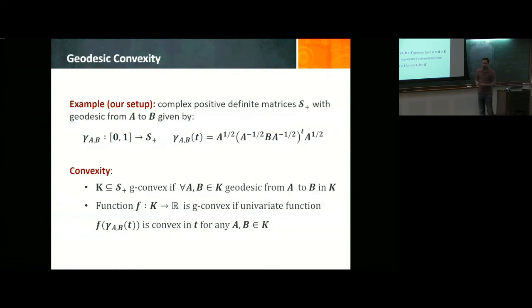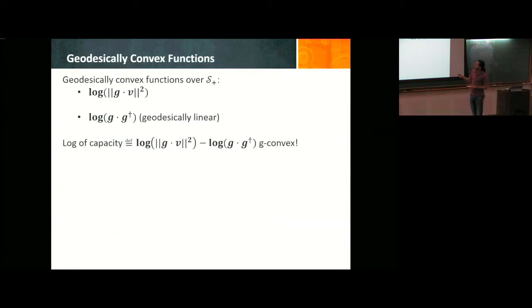Now, what are geodesically convex functions? Why are we talking about this? We're trying to minimize the norm, or minimizing the moment map. Well, guess what? It turns out that these functions, the log of the norm of my vector and the log of this positive definite matrix here, are geodesically convex over the space of positive definite matrices.